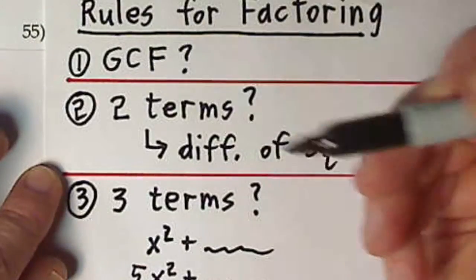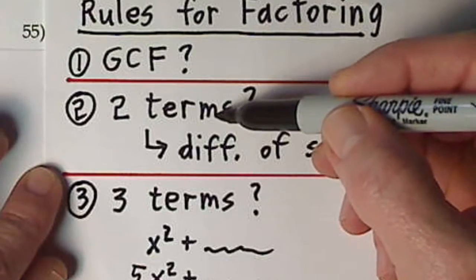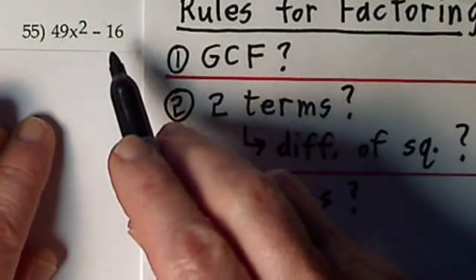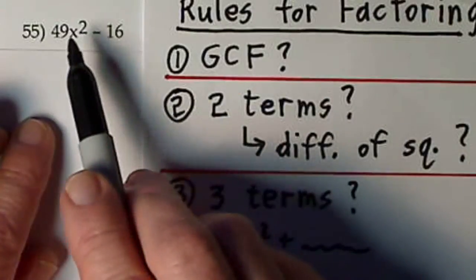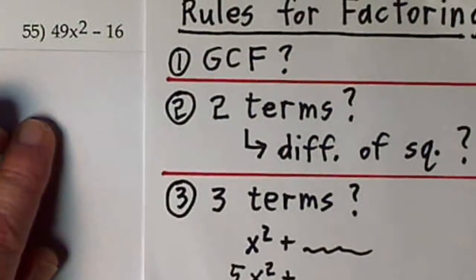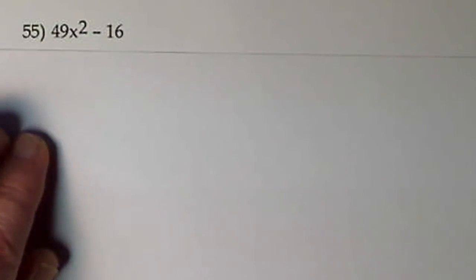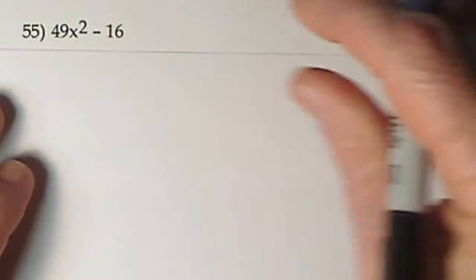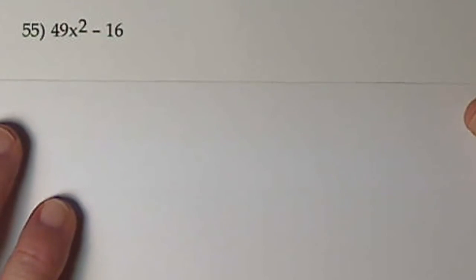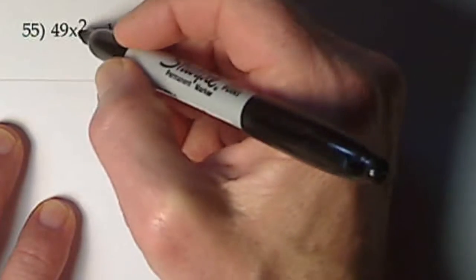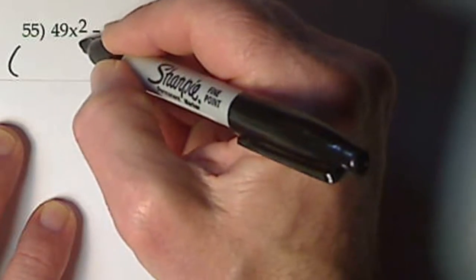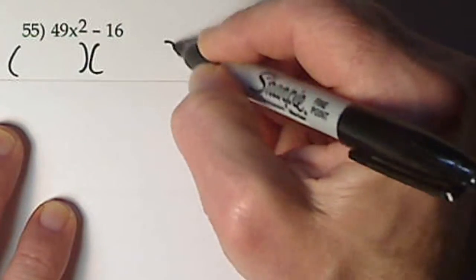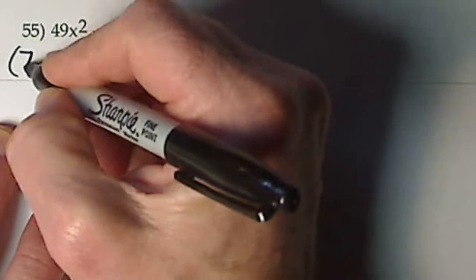Number one is GCF. There's no GCF. Two terms. Yes, we have two terms. Is it a difference of squares? It's a difference, and those are perfect squares. So the answer to that is yes. It means you can factor it. You take the square root of 49x squared, and that's 7x.